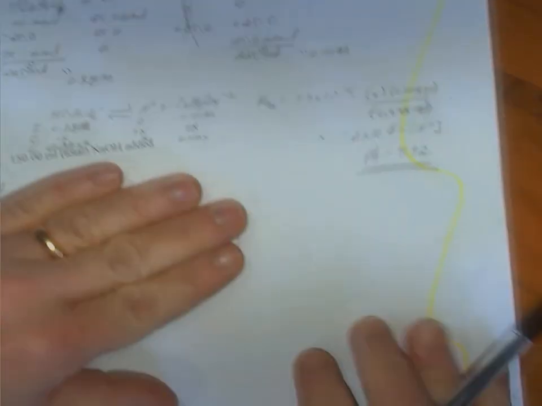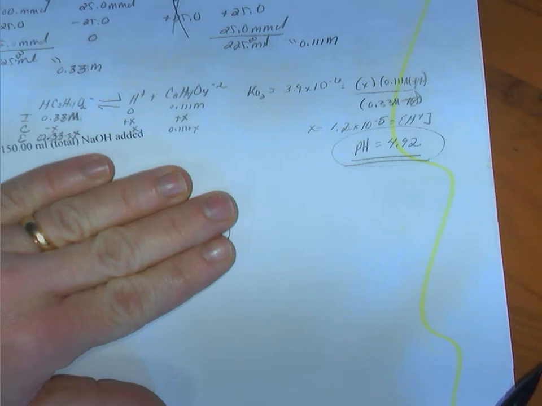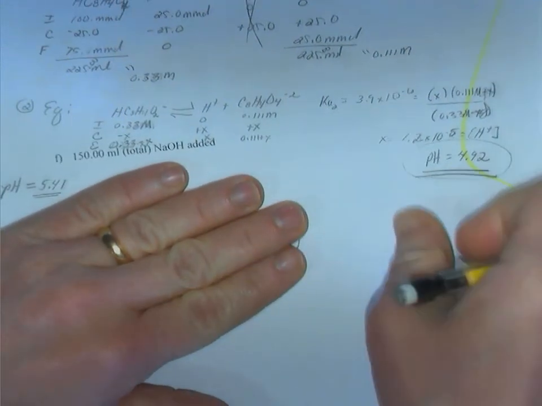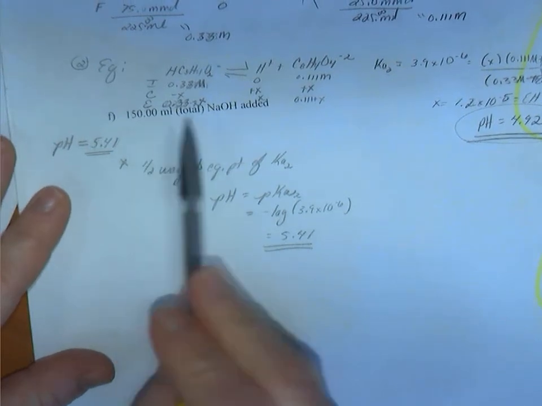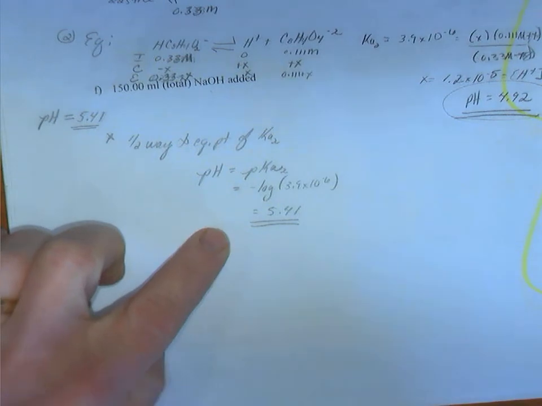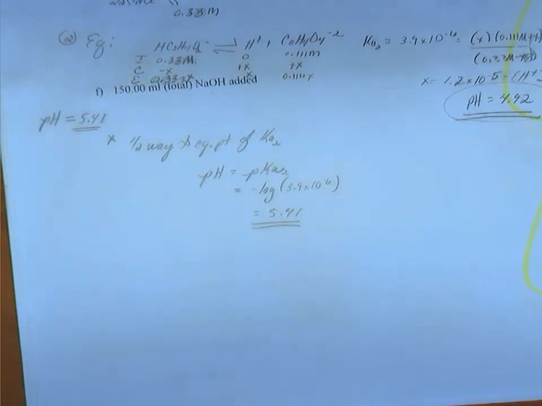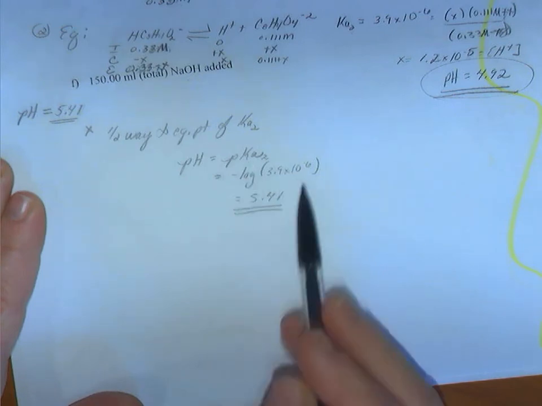We'll use Ka2, and there's our pH. All right. The next asks us to be 150 mL in. So that would be halfway to the second equivalence point. And then we would just take the negative log of Ka2. And there we go.